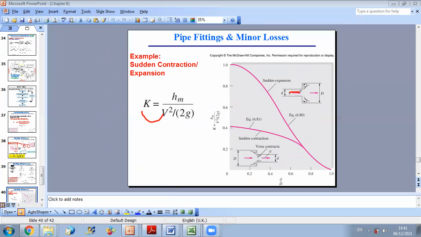So for sudden expansion, in general, they take the velocity corresponding to the smallest area, which is the larger velocity. This is why for the expansion they took the velocity before. While here, they considered the velocity after contraction because V will increase here.